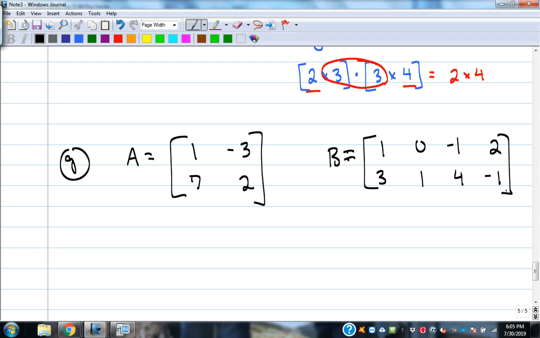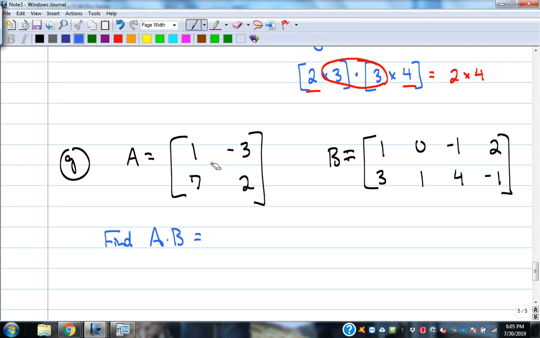So not getting very big numbers in there, but it doesn't really matter. So what we want to do is find A times B, if possible. Okay, so what we need to look at is dimensions.